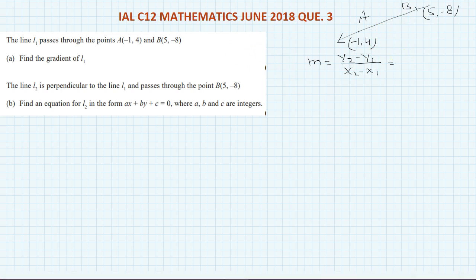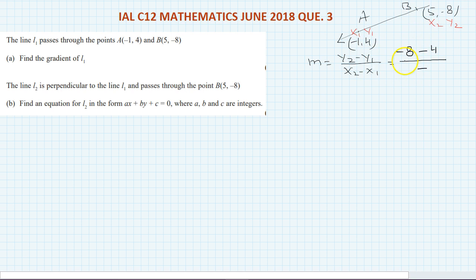So that is equal to, let's say this is x1, this is y1, this is x2, this is y2. y2 is -8, minus y1, y1 is 4, over x2, 5, minus x1, so minus -1. The negative of the formula is always there.